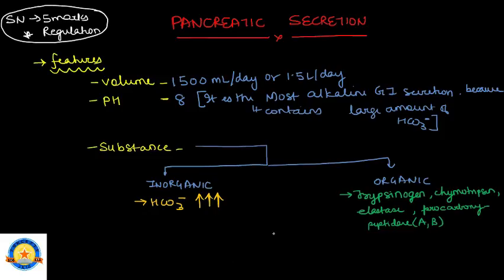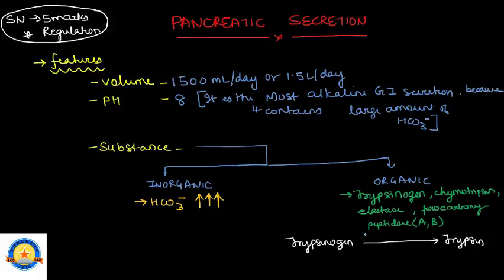Now, trypsinogen is activated to trypsin by what? By an enzyme called enterokinase. What was the agent activating pepsinogen? Yes, HCl.